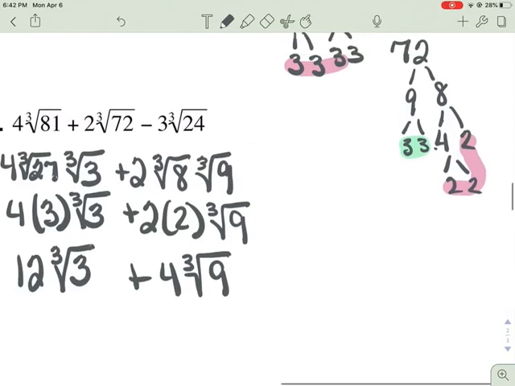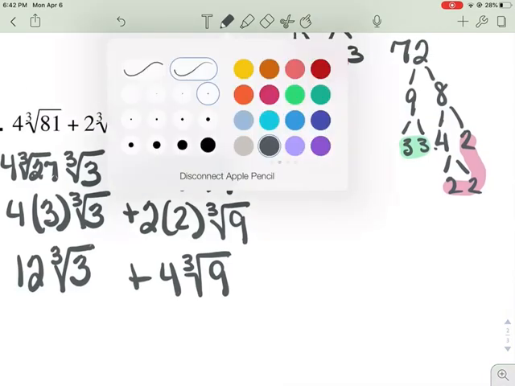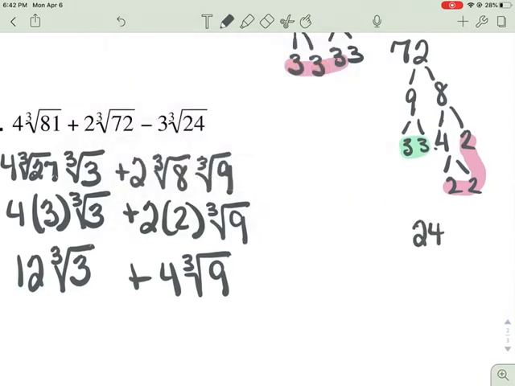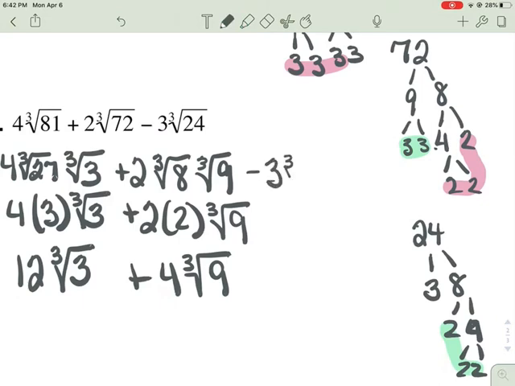All right, so 24. I'm going to do 3 and 8. Okay, so here's our group of 3. Okay, so minus 3 cube roots of 8, cube root of 3.